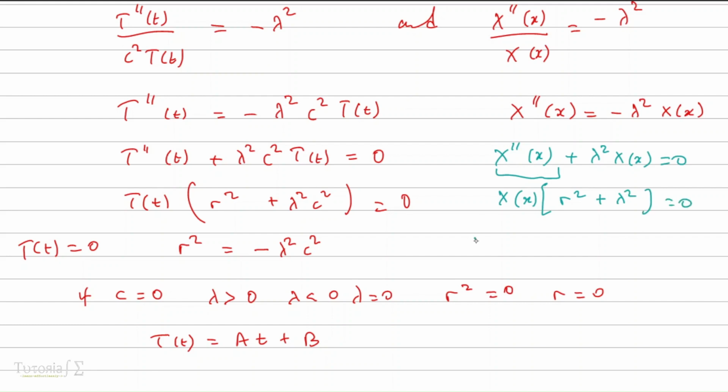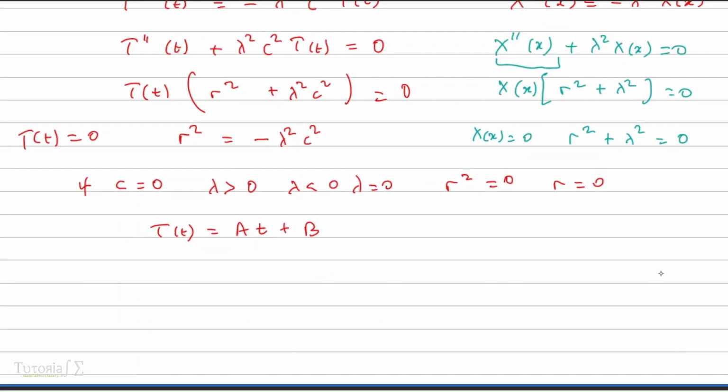So again, we solve for X of x equals 0, and r squared plus lambda squared equals 0. Let me move this a bit.